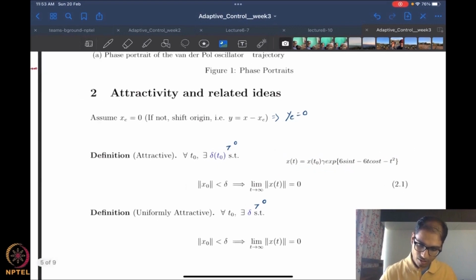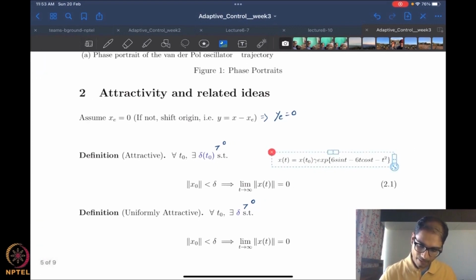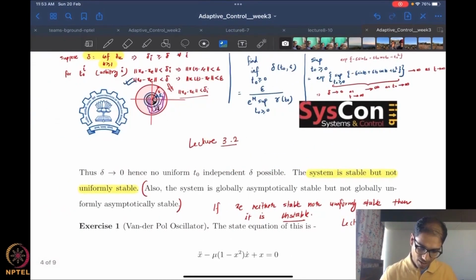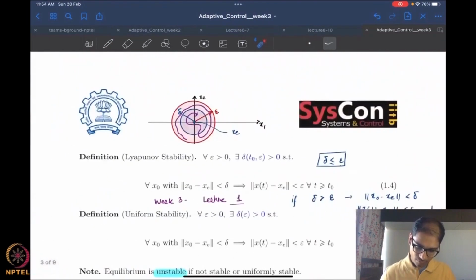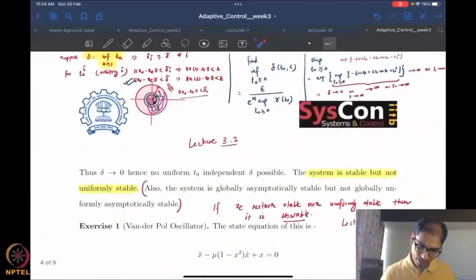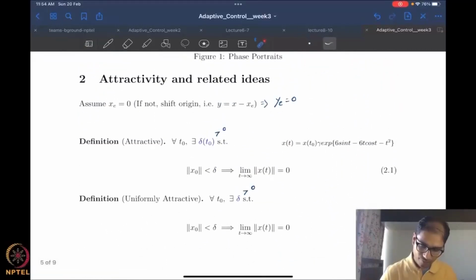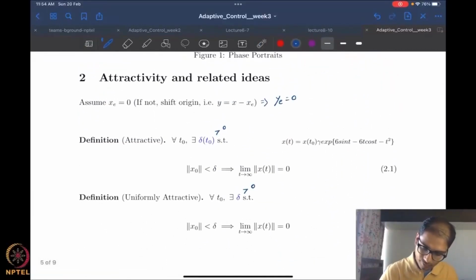Right, so here you go. This was our example, the Massera example, and this was our solution.